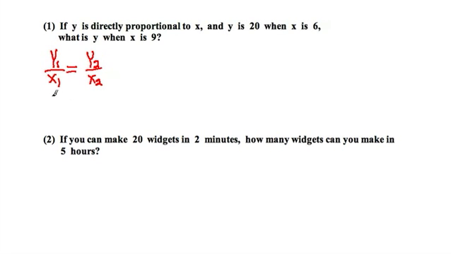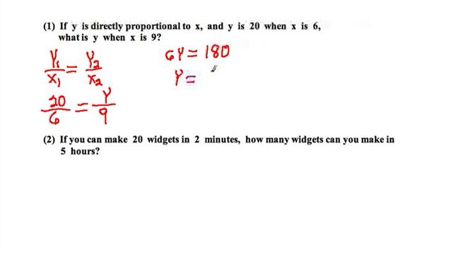Okay, so y1 is 20, x1 is 6, and it wants to know what y is when x is 9. So we can do this by cross multiplication. 6 times y has to equal 20 times 9, or 180. Divide both sides by 6, and y is equal to 30.